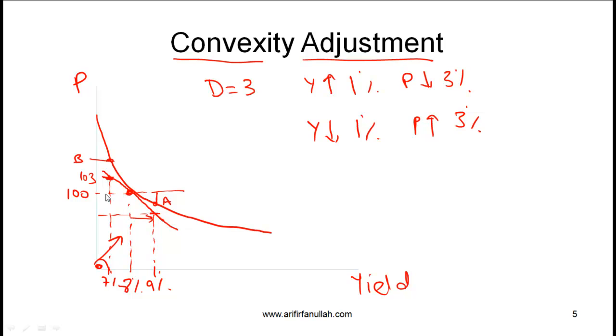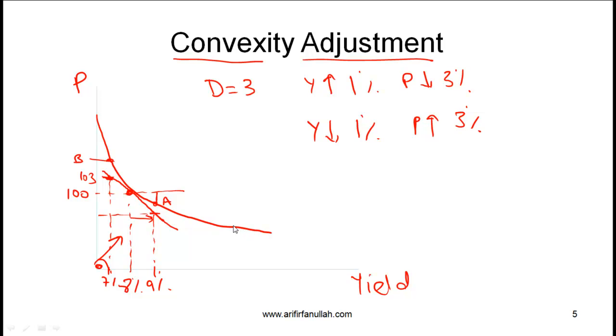So when good things happen, the increase in price is more than 3%. When bad things happen, or equally bad things happen in terms of the yield going up by 1%, bond value falls but by less than 3%. So this benefit is because of the convexity of the price yield curve.